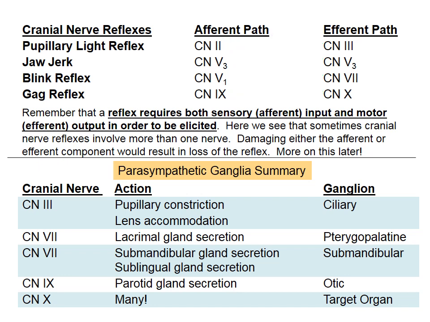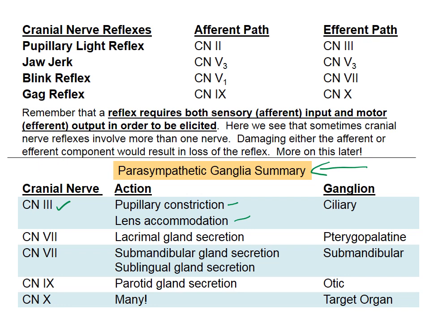Okay, we'll clear the slide there, and just to note here, we have a review or summary of the parasympathetic innervation, including the associated ganglia. So we have parasympathetic activity via cranial nerve number 3, including that pupillary constriction that we just saw and the lens accommodation.